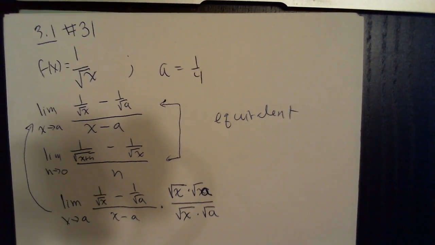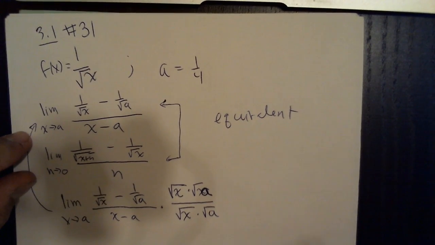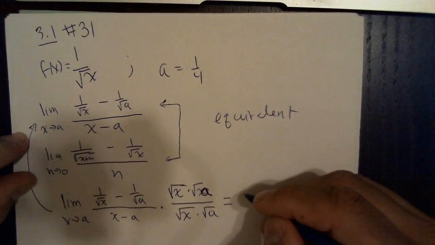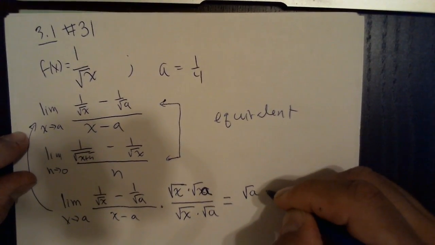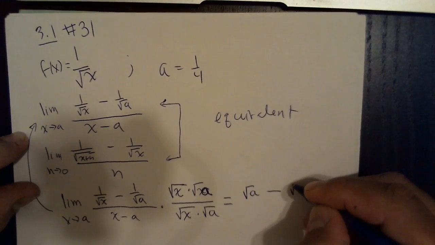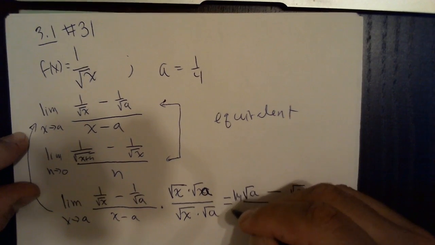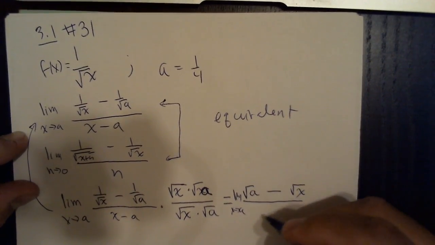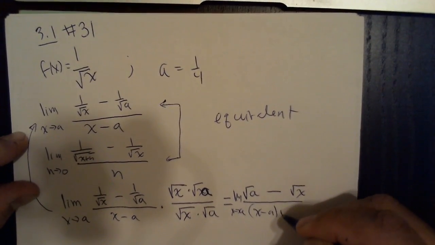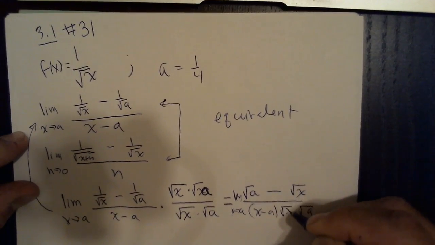So I'll multiply by the common denominator, which is the square root of x times the square root of a. Doing that, we get the limit as x goes to a of the square root of a minus the square root of x, over x minus a times the square root of x times the square root of a.